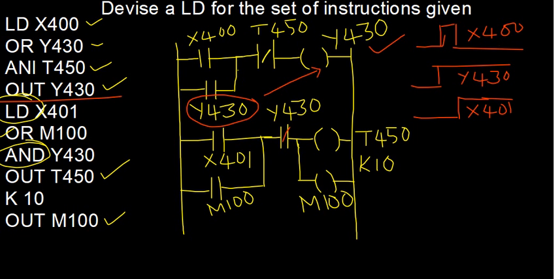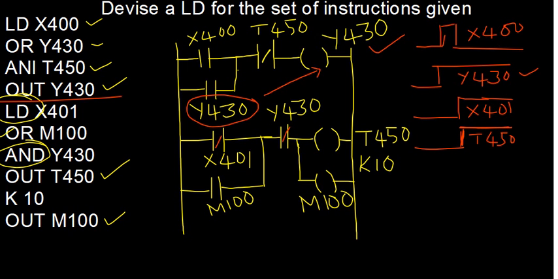So that will activate your timer now. So X401 is here, Y430 is already in the closed position. Now the moment you come here, your timer T450 gets activated. T450 gets activated. So same output. Okay, so that means your M100 is also connected in parallel with T450.